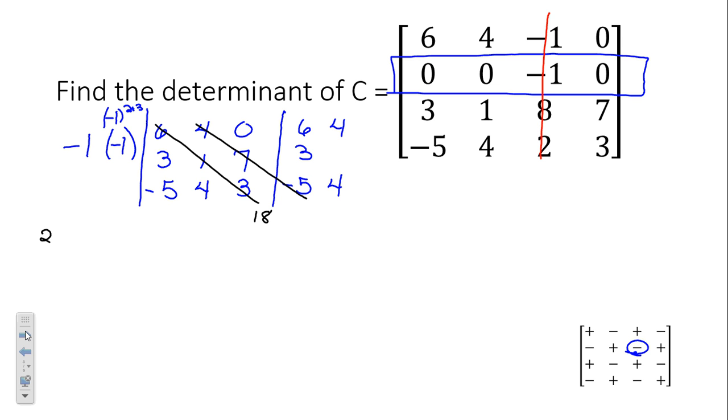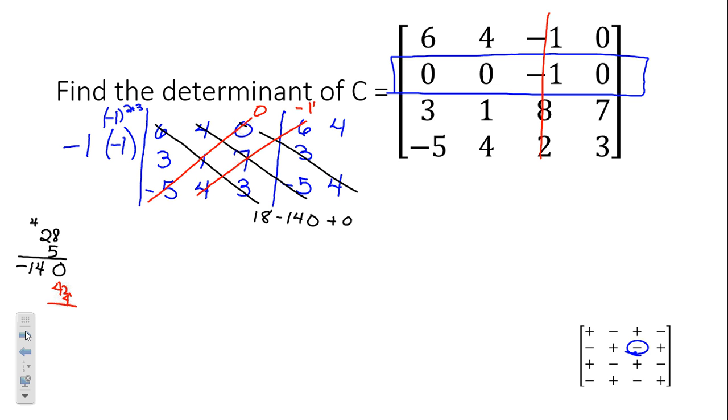28 times -5. And then 0, right? Now upward diagonals, we have to remember to change the signs. So we'll get a 0 this way and change the sign of 0, it's still 0. And then we're going to have 42 times 4, 168.